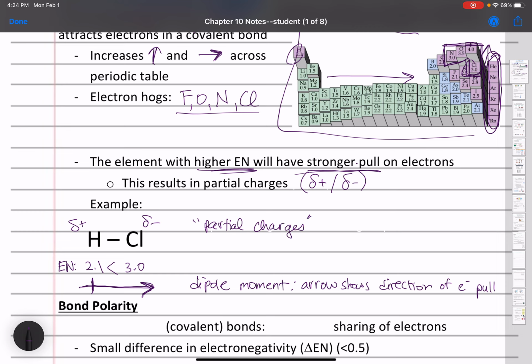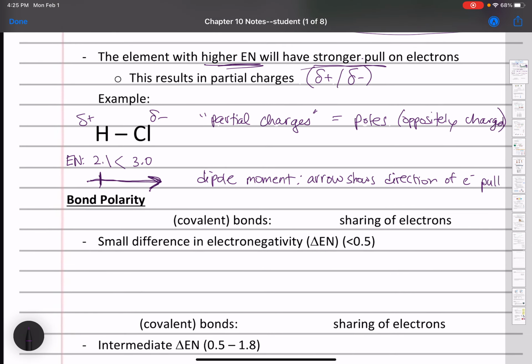And so this molecule, we would call this a polar molecule. Those charges result in poles, oppositely charged regions. And so we say that a molecule that has poles is a polar molecule.